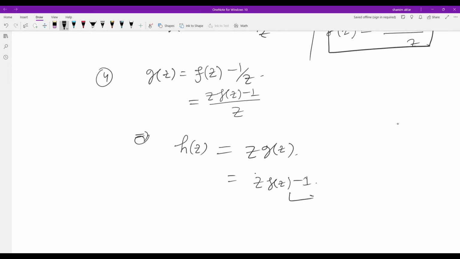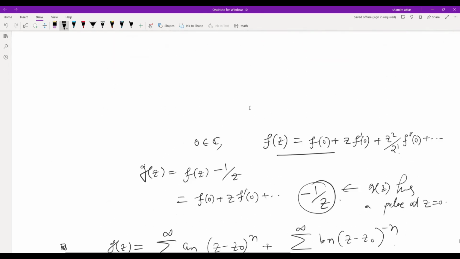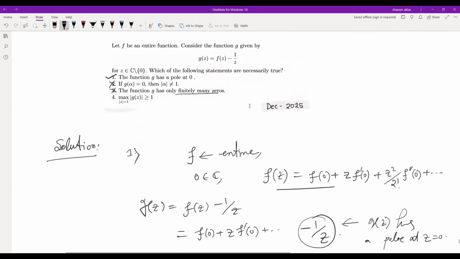This is analytic at every point of the complex numbers, so this is also an entire function. We check the maxima on the circle |z| = 1.